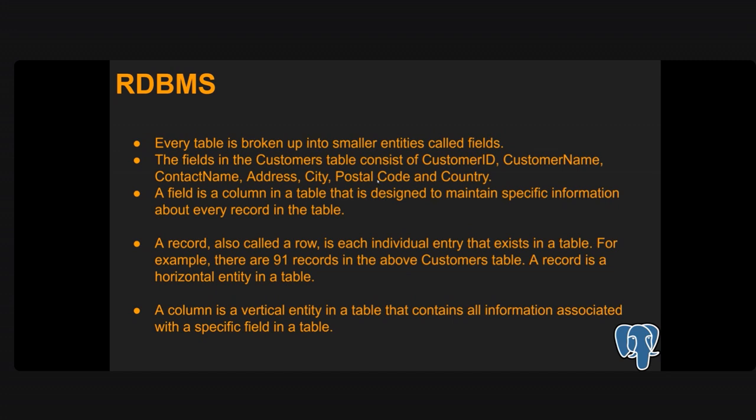It cannot take non-numeric. We'll learn those when we learn to create a table. The data types like integer, string, float, big int, all that we will learn later. These are just the basics.